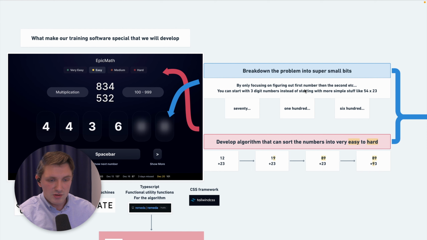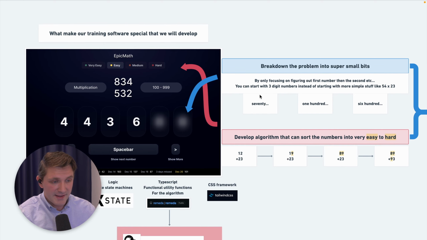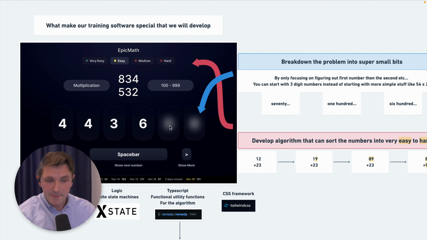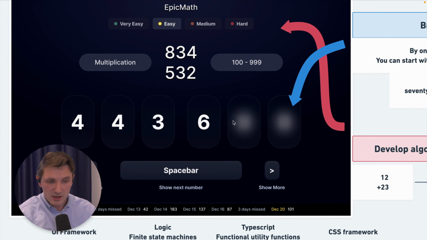The general rule is that you should start with a lower number to get the flow of it, but I think there is a better way of doing this when it comes to learning this stuff, and that is just by hiding the numbers that are part of the answer.